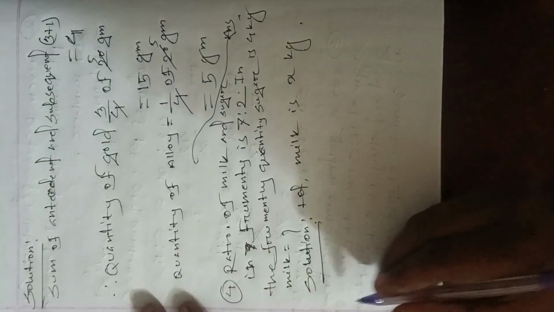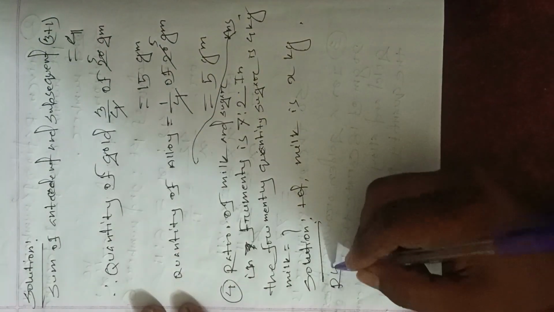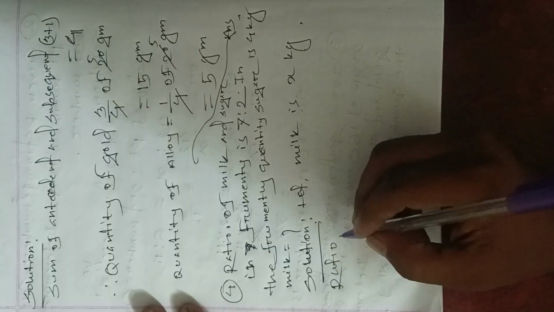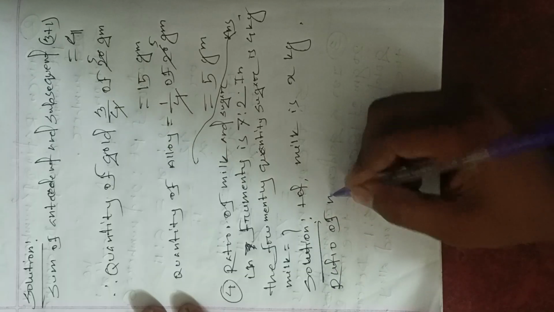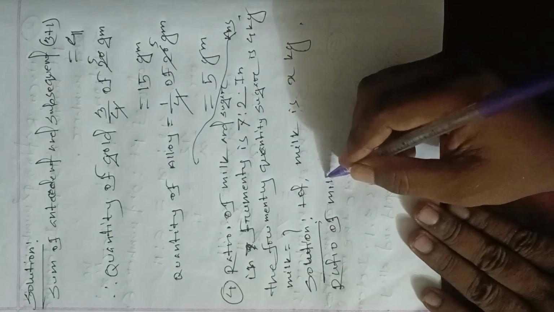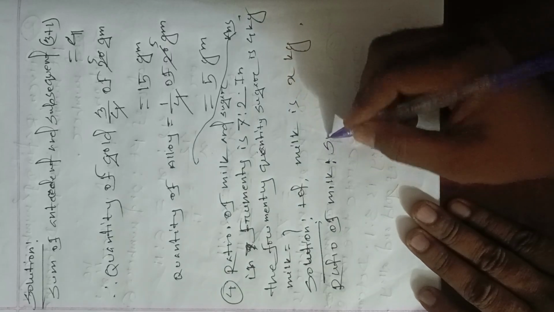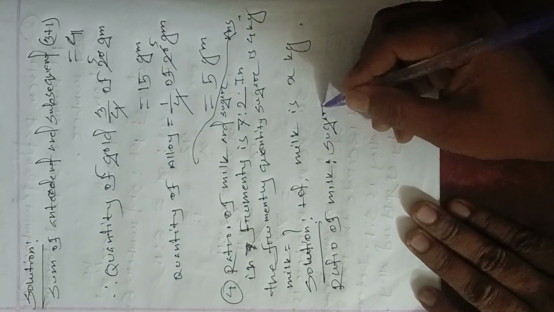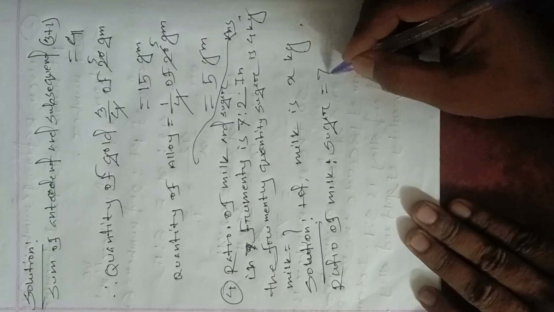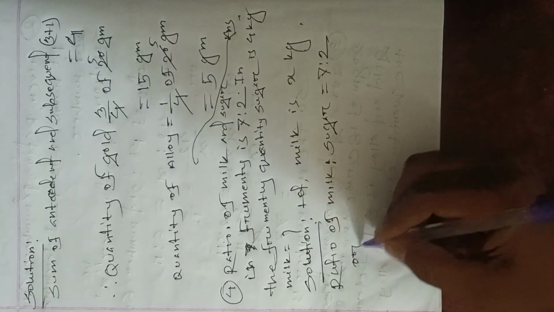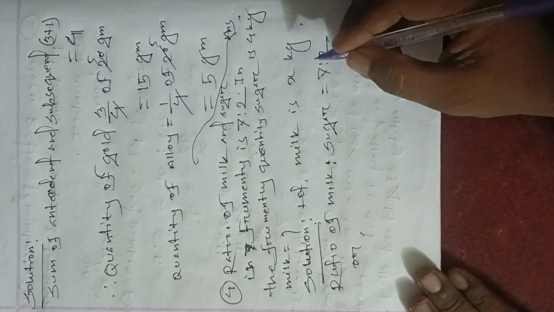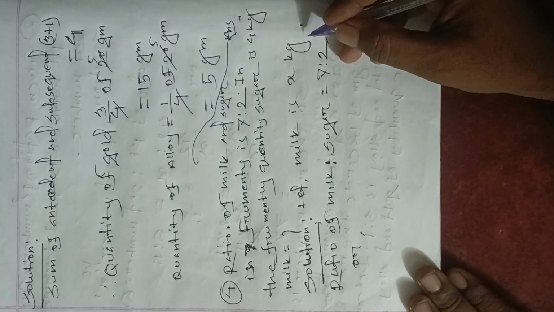So the given ratio of milk to sugar in the preparation is 7:2. We'll let milk be x kg.